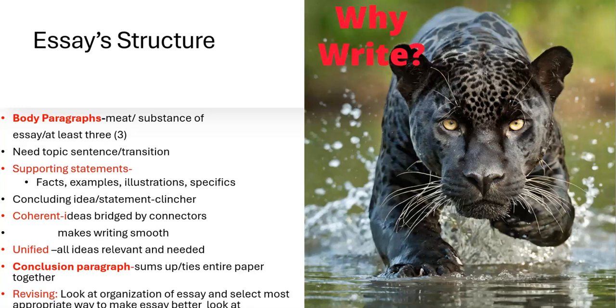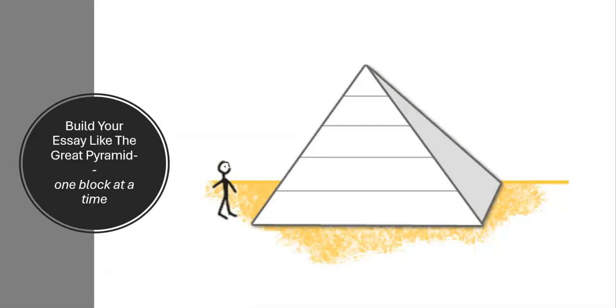So your ideas should be coherent and unified. And again, you should have a concluding paragraph that sums up and ties up the entire paper. And let's talk about revising again. You want to look at the organization of your essay and select the most appropriate way to make the essay look better. And the organization also helps it flow better.